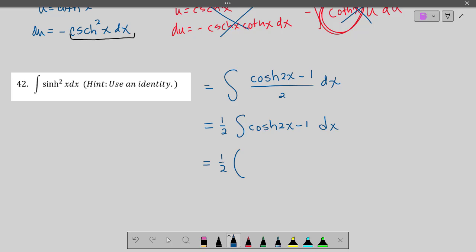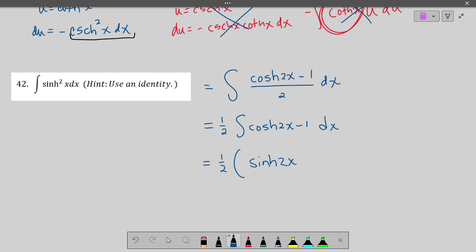Integrating cosh 2x. So outer function is cosh, inner function is 2x. The integral of cosh is sinh. So the nice thing about the hyperbolics is that they are exactly each other's derivative and integral. But now that angle is not just x, that angle is 2x.